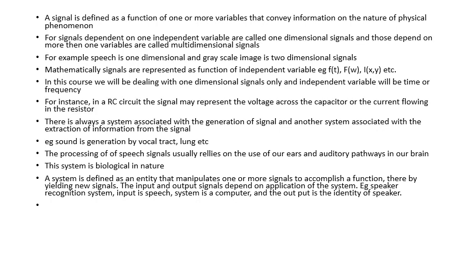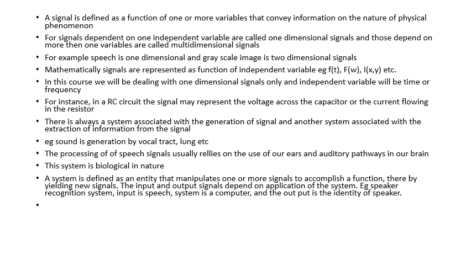So in this course, we'll be dealing with one independent variable. We call them one-dimensional signals because we have only one independent variable, and the independent variable will be time or frequency. For instance, in an RC circuit, the signal may represent voltage across a capacitor or current flowing in the resistor.